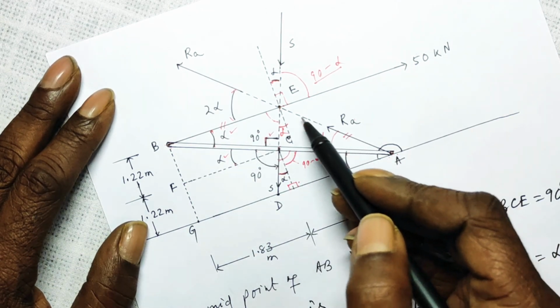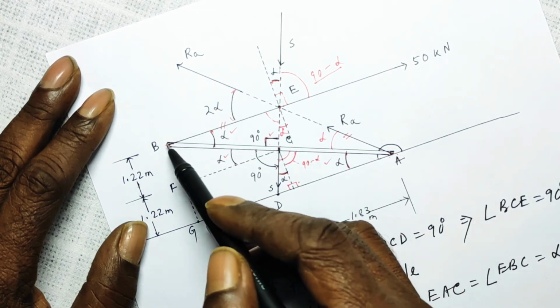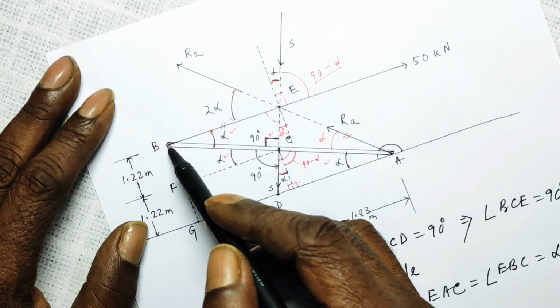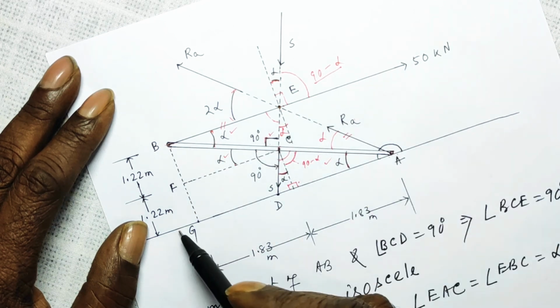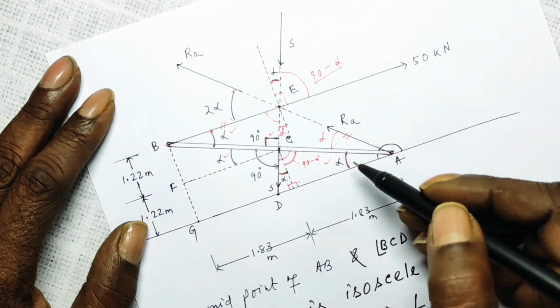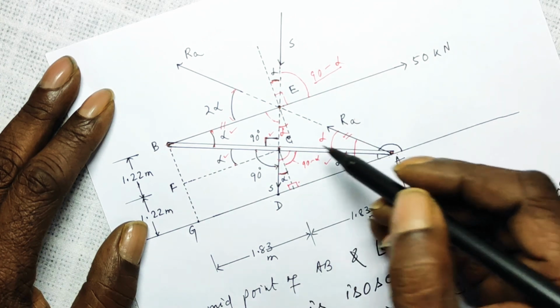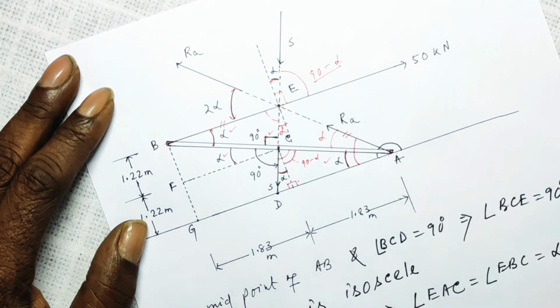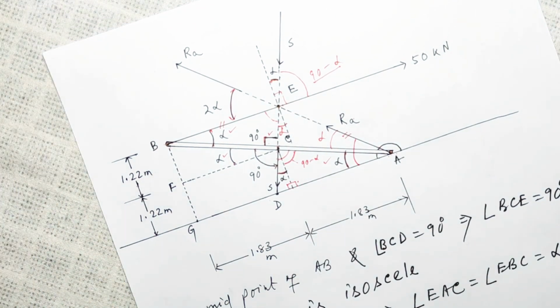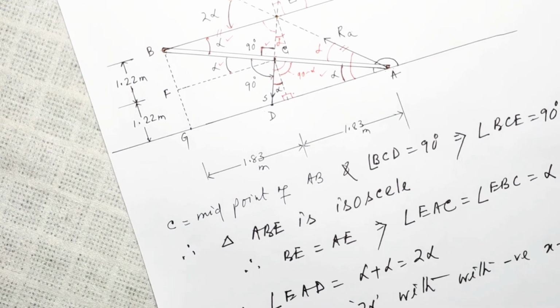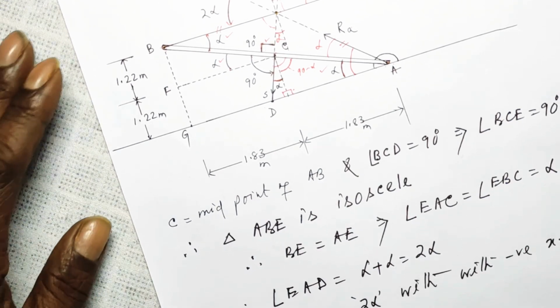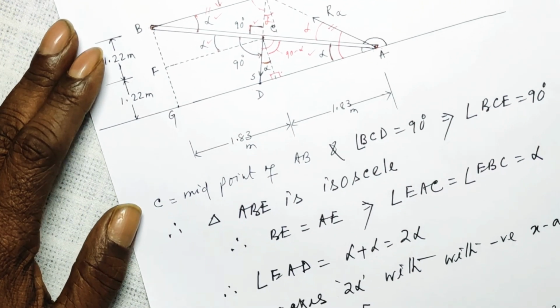So this line of action is a transversal to these two parallel lines. The total angle here is alpha plus alpha, 2 alpha. Once that is understood, it is pretty simple. I have explained all the angles.